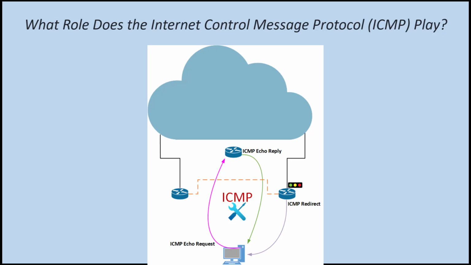But hold on, there's more. ICMP is a multitasker. Its redirect messages act as traffic directors for routers, optimizing routes and improving data flow efficiency. ICMP isn't just reacting to problems.